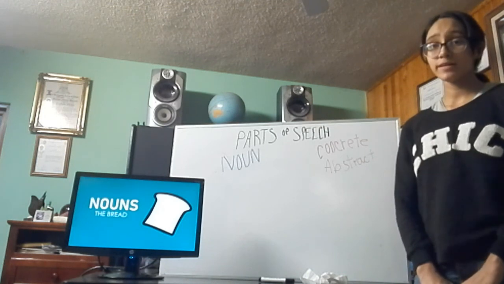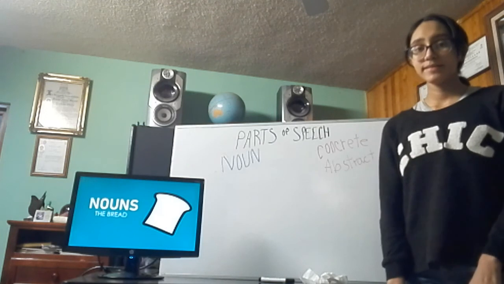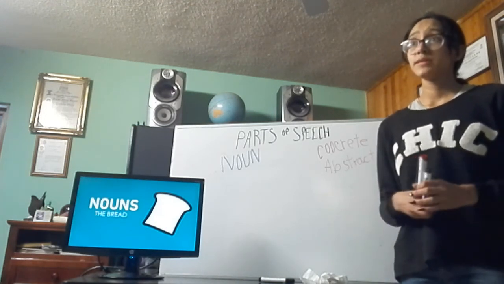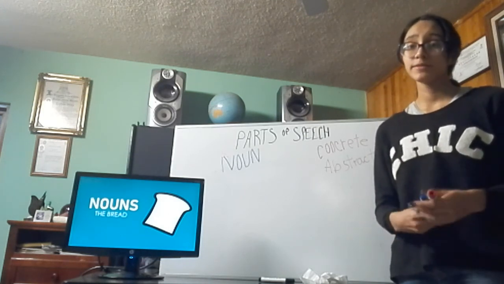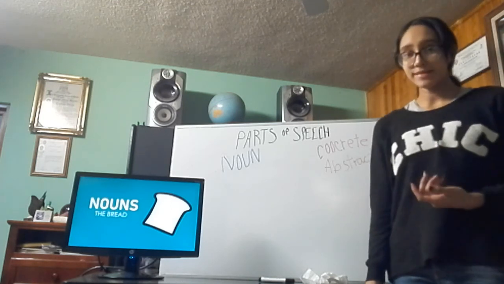Mass nouns are the contrary to count nouns. Since there are a lot of them, you need to use things like grams, kilos, millimeters, centimeters to find a way to use them in a sentence.